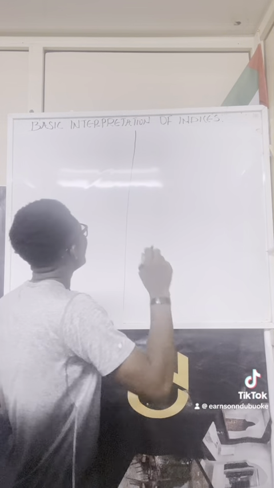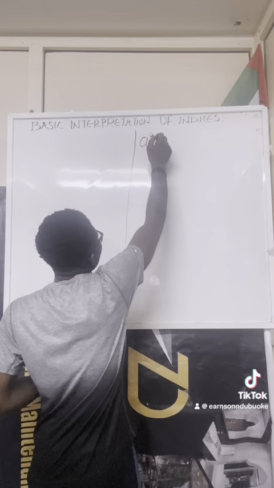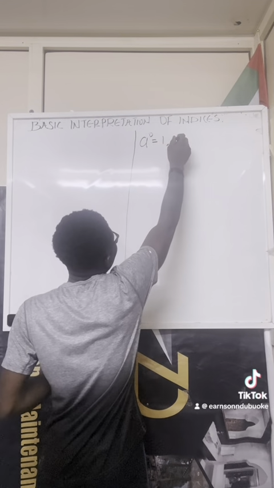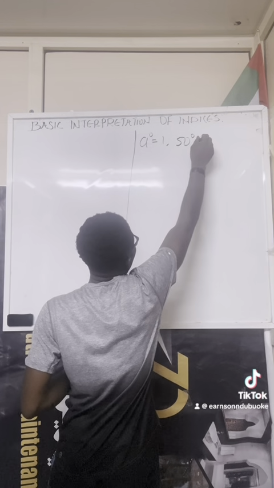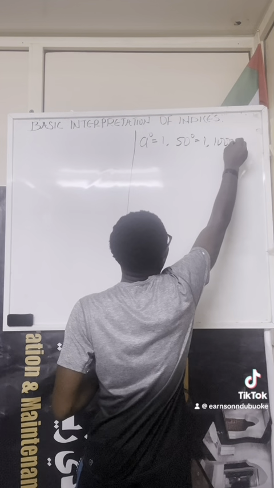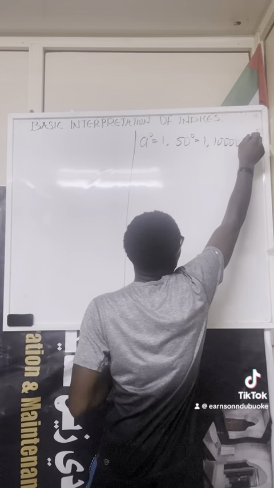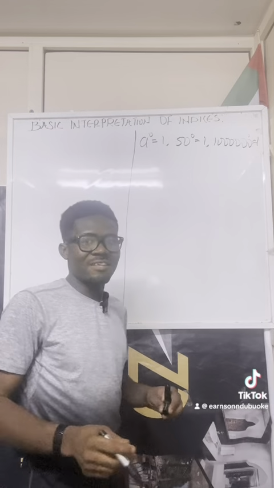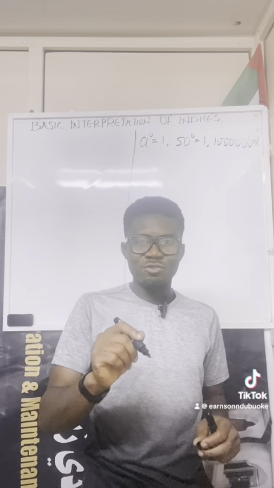For example, when you have a raised to the power of 0, we say that a raised to the power of 0 is equal to 1. And 50 raised to the power of 0 is equal to 1. And 1 million raised to the power of 0 is equal to 1. So any number raised to the power of 0 is equal to 1.